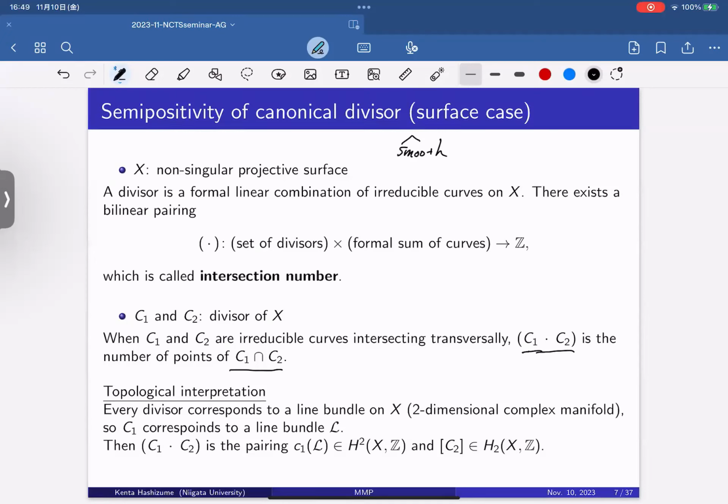There is another approach to the intersection number from the viewpoint of topology.